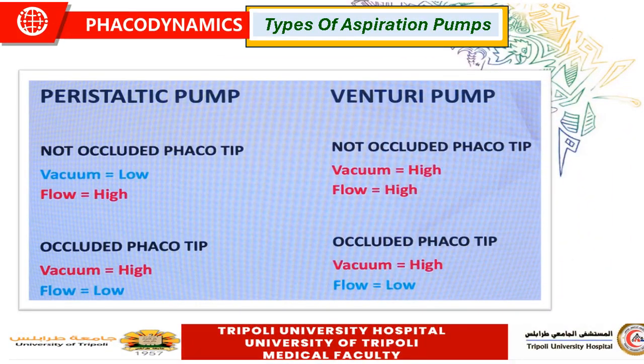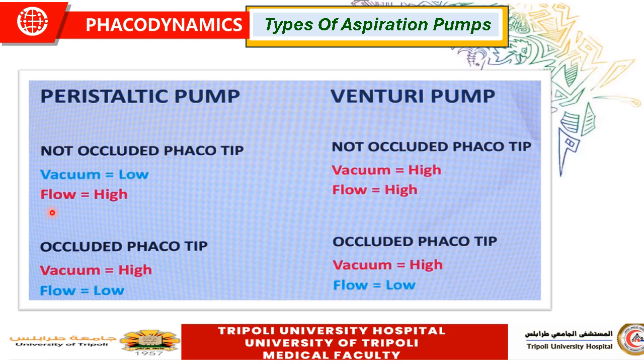This slide summarizes what we have spoken about before regarding the difference between the flow-based pump, that's the peristaltic pump, and the vacuum-based pump, which is the Venturi pump. As I said, in the presence of a non-occluded phaco tip, the vacuum will be very low in a peristaltic pump, because the vacuum will start only once the occlusion of the tip is there. However, the flow is high because the peristaltic pump directly controls the flow.